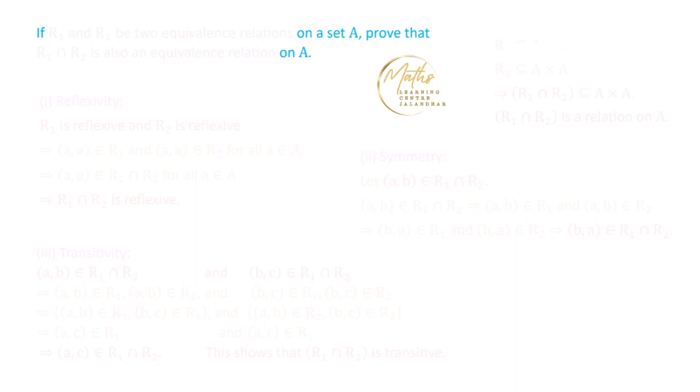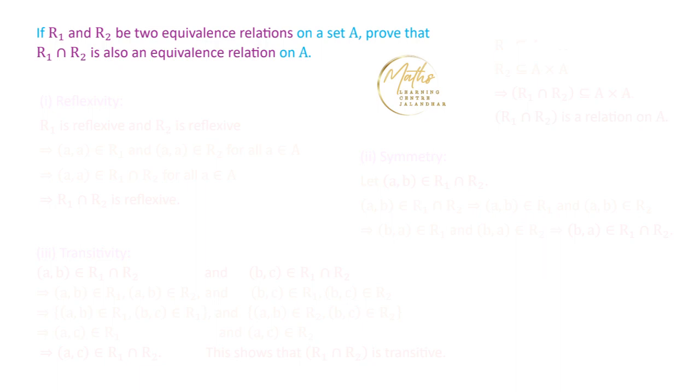Now the next question we have is: if R1 and R2 are two equivalence relations on a set A, we have to prove that the intersection R1 intersection R2 is also an equivalence relation on A. First of all, we are going to prove that R1 intersection R2 is a relation.